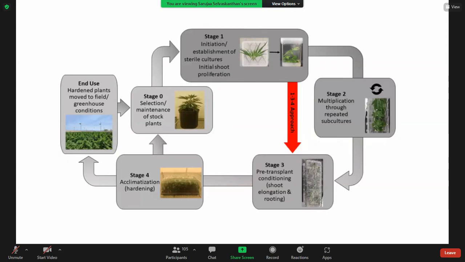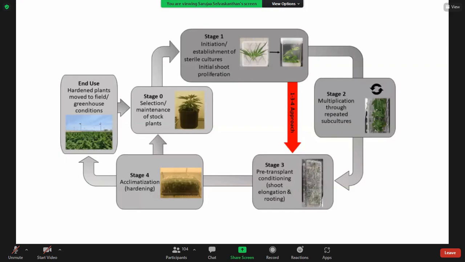In a small bottle, we can inoculate 4 or 5 single shoots during one subculture. After 2-3 weeks, we can observe that the single shoots start to multiply again, and we can get more than 10-15 shoots from a single shoot.